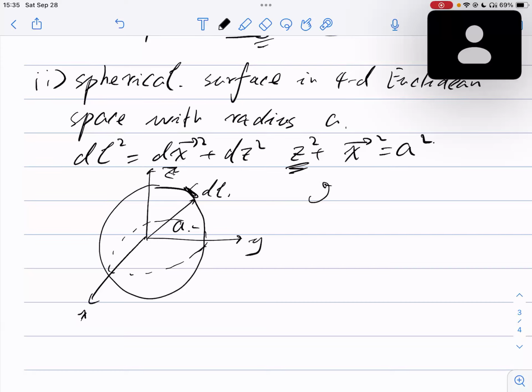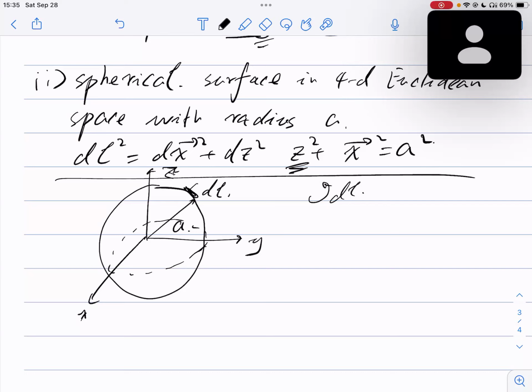Both operations won't change dl. So this situation is a case that obeys the homogeneous and isotropic property. This is just an intuitive, descriptive way to understand this.